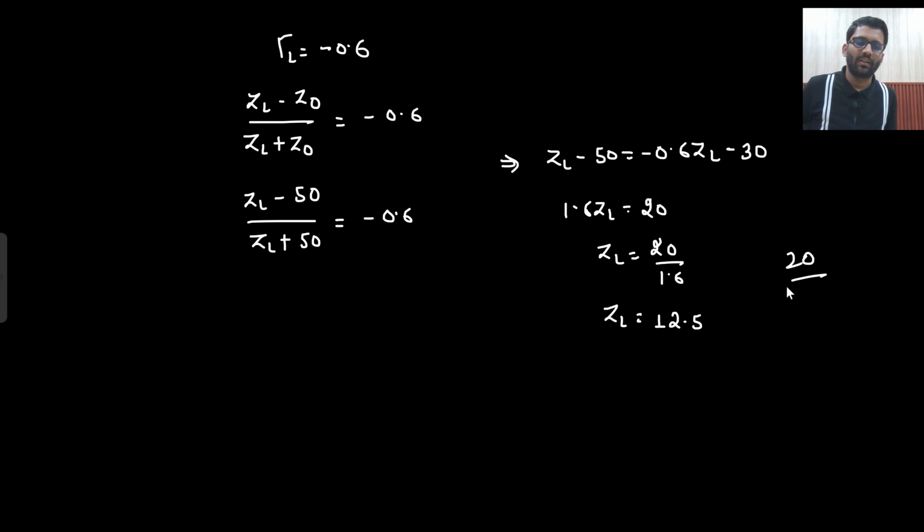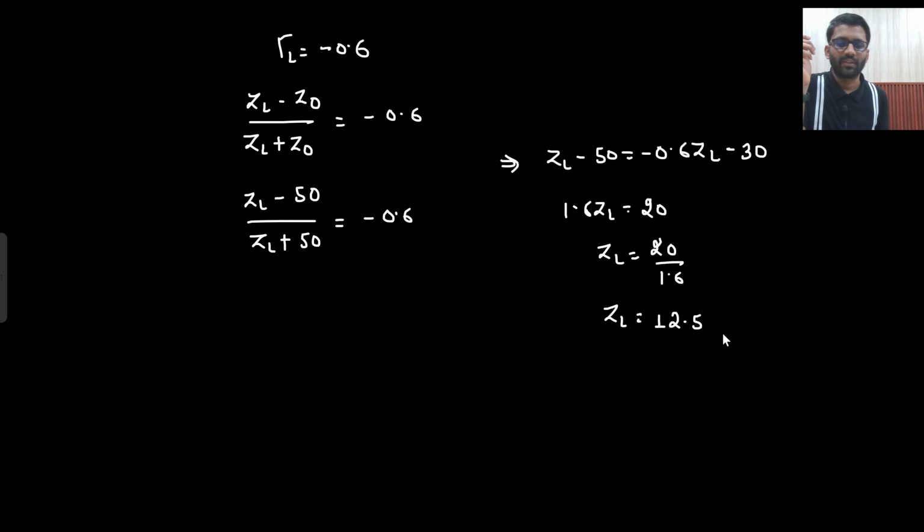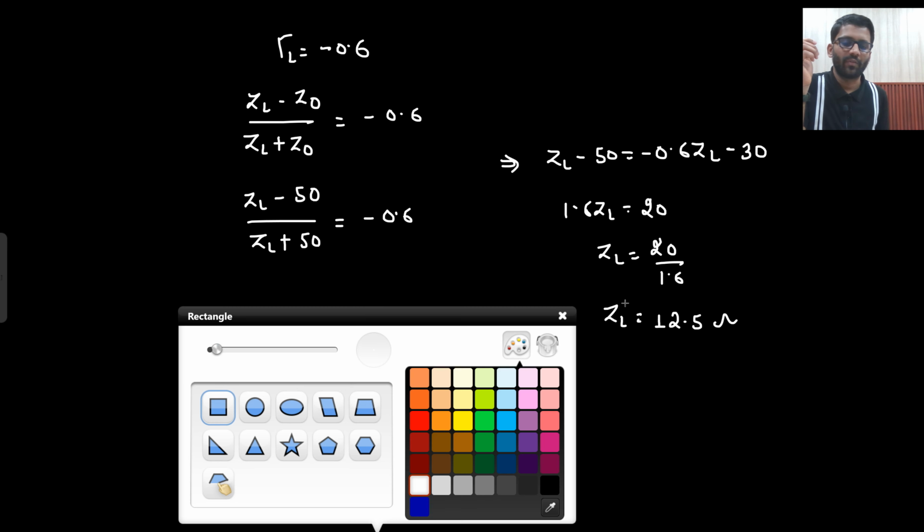Because this can be written as 200 by 16. Yeah, 12.5 only. You can do this with the help of a calculator as well. So from here as well, if you do the calculation, you are getting ZL equal to 12.5 ohm.